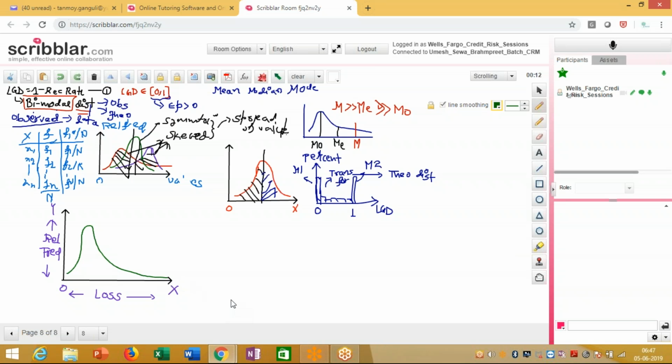So this distribution is clearly what we call a right skewed distribution.